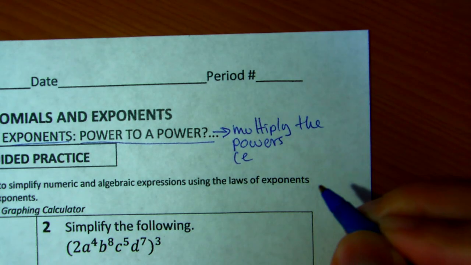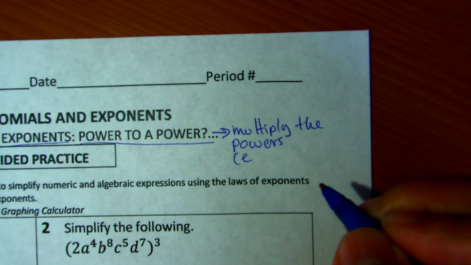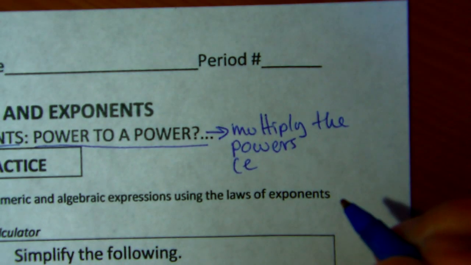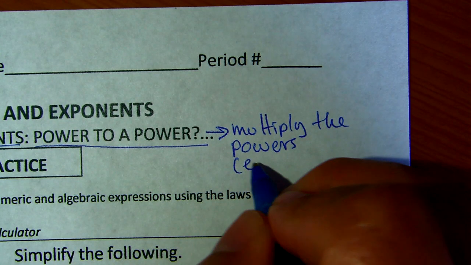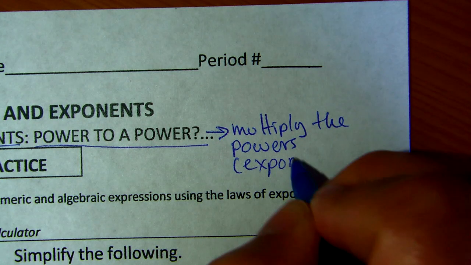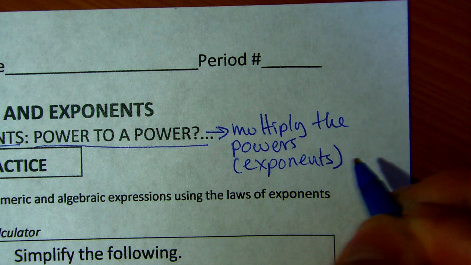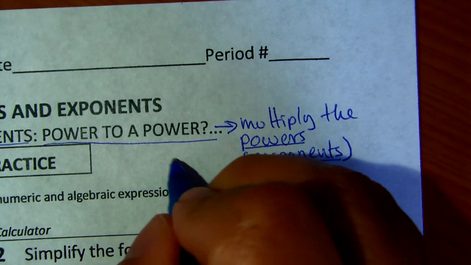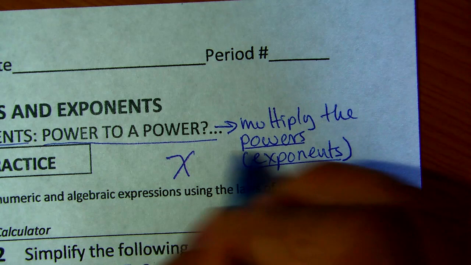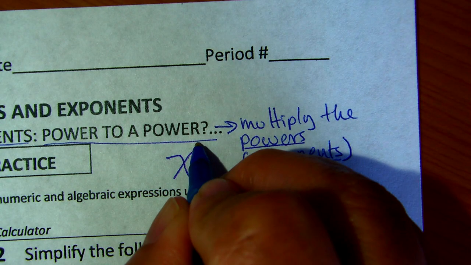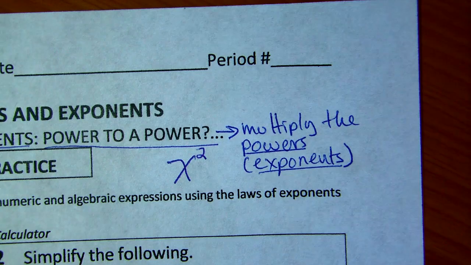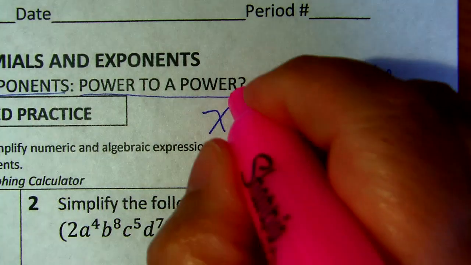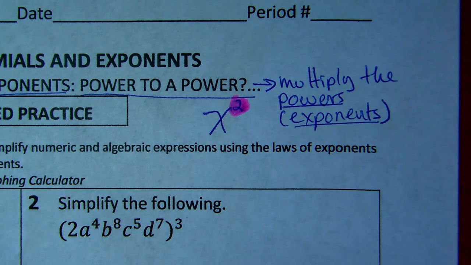Okay, let me zoom this in a little bit more. Multiply the exponents. The powers are the exponents, all right? Just remember, the powers or the exponents are the numbers that are over here on the top, okay? So this is the exponent or the power right here, the 2.